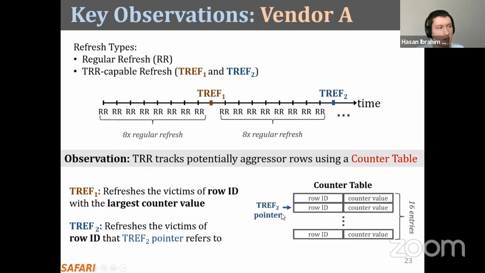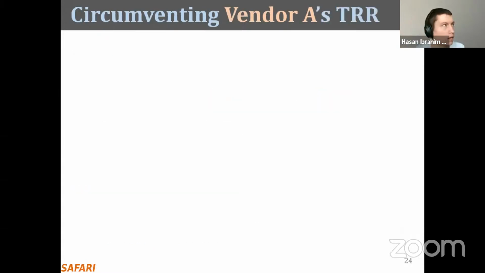And this TRF2 pointer will advance to the next entry, right? And at each TRF2 command, it will refresh the neighbors that correspond to the row ID in the entry and advance to the next entry. And then this happens in a circular manner, right? So after coming to the end of the table, it returns to the first entry. And this is how TRF2 operates.